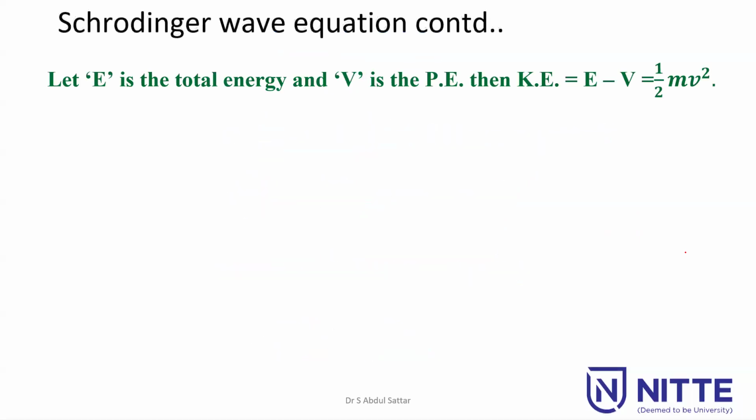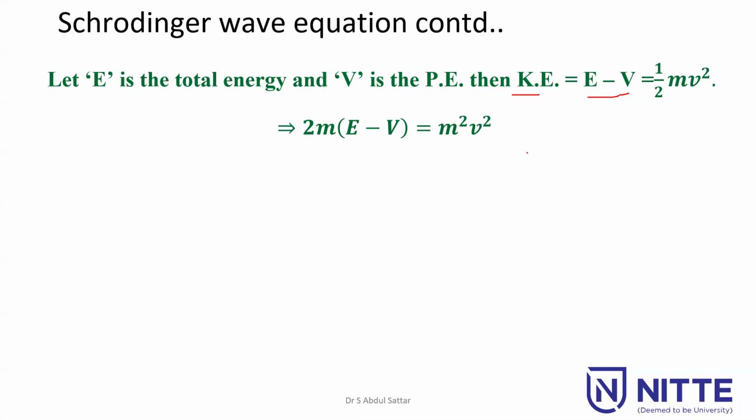So kinetic energy equals E minus V. We know the kinetic energy equals half mv². Therefore, E minus V equals half mv². We will multiply both sides with 2m. So 2m into (E minus V) equals 2m times half mv², the 2 will cancel, and this becomes m²v².